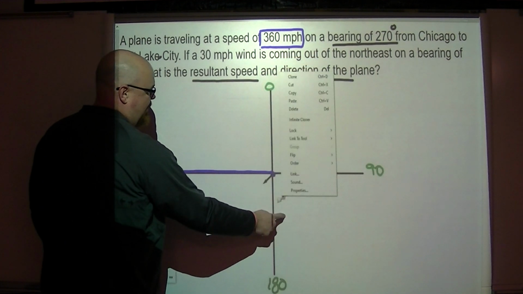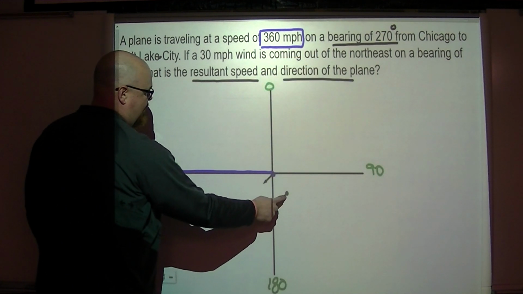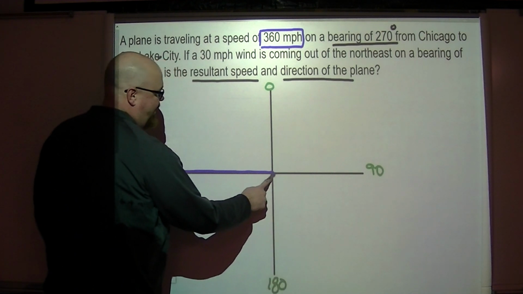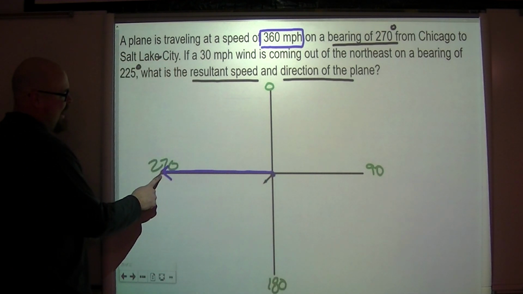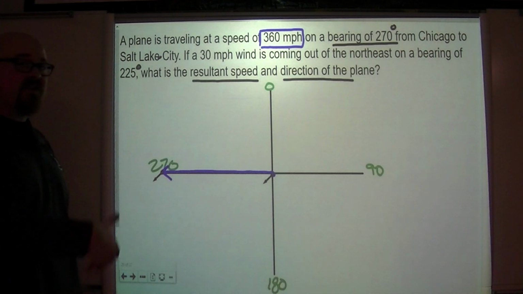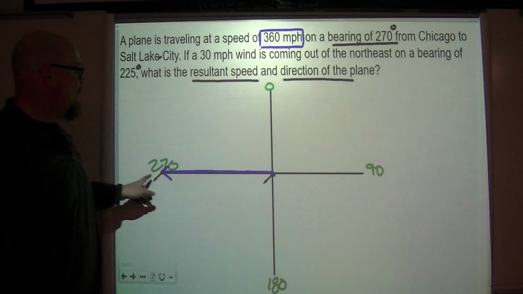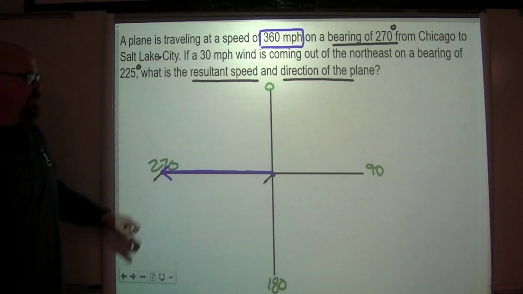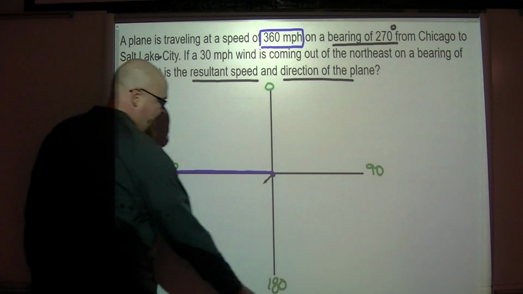There we go. I can take this vector and I can add it to the end of that vector. That's what happens when you get a resultant velocity. You add one vector's initial point to the terminal point of the other, and then we connect that to the initial point.